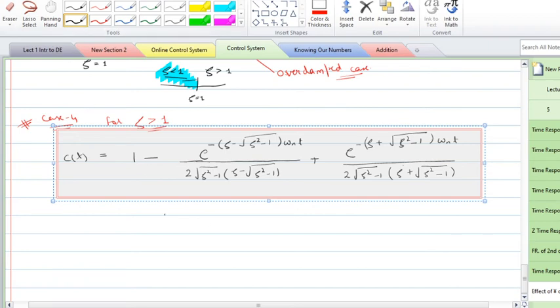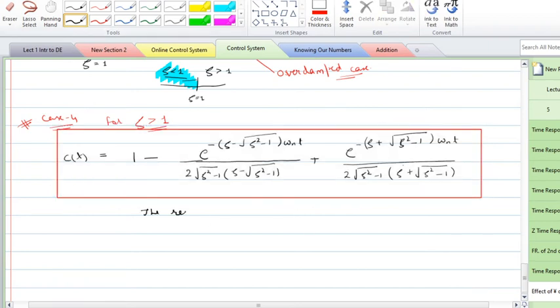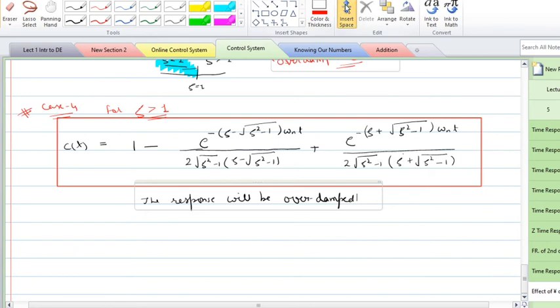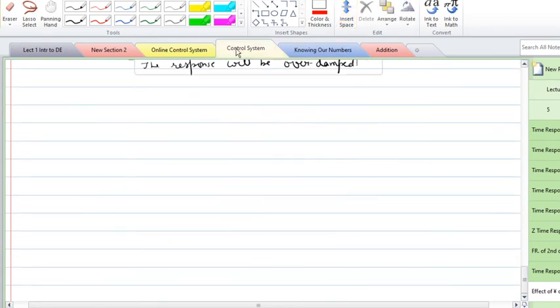So the response will be overdamped. And if we separately draw its response, then it looks like this.